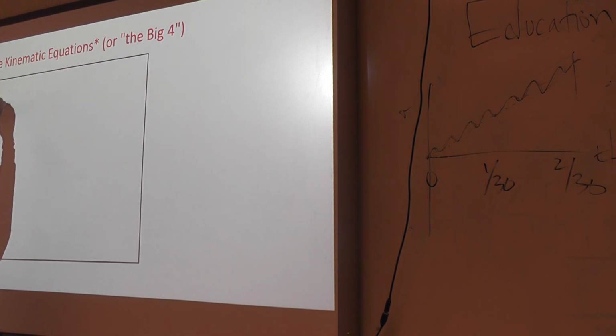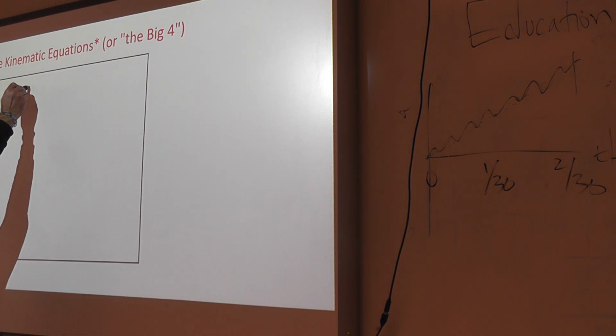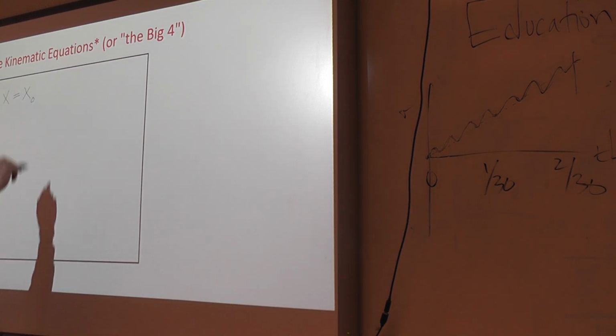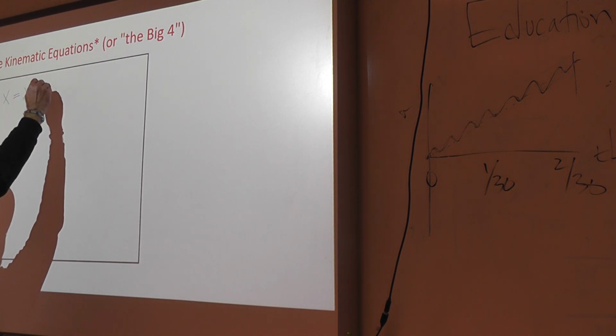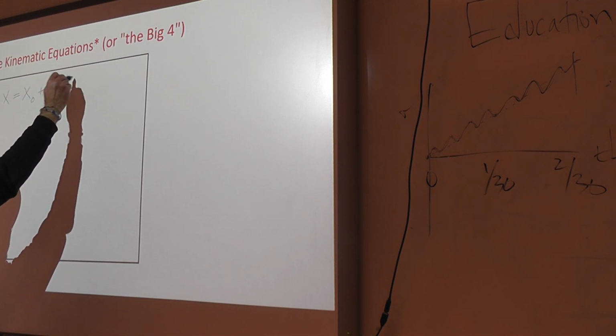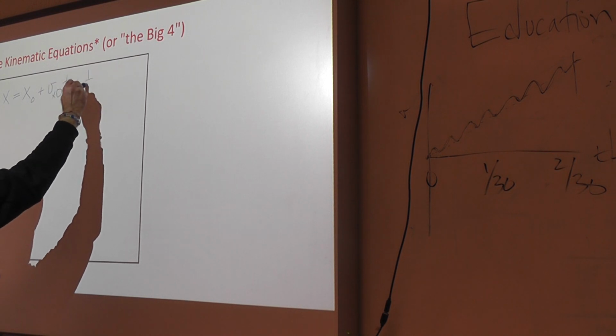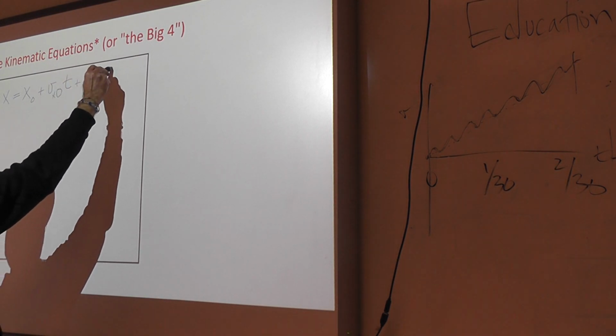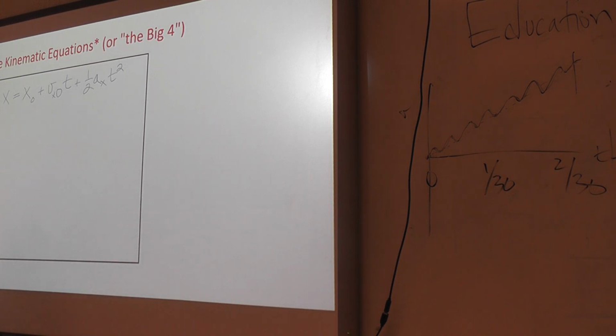And that one is going to look like this. X is going to be equal to, and I want to put it in the right order, initial position plus initial velocity times time plus 1/2 times the acceleration times time squared.